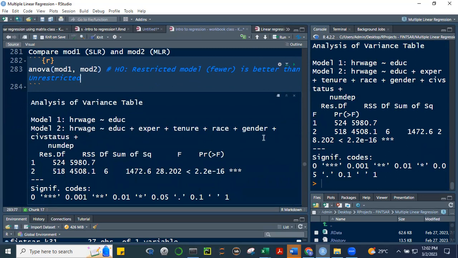Model 2 is the unrestricted, and we can see here that the p-value is less than 0.001. It's significant at 0.001 level. Okay, so we say that we reject the null hypothesis that the restricted model is better. Okay? So mas maganda yung model 2 natin.